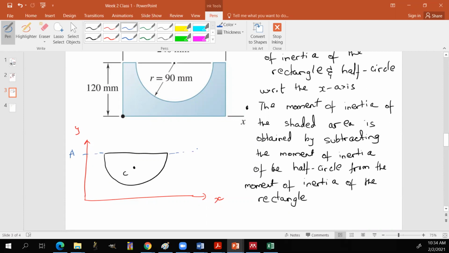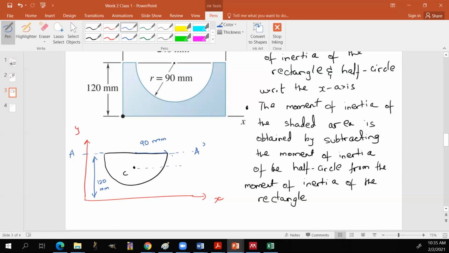Let's call it A A prime like that, right? This height of the base is just equal to 120 millimeters, right? And then the radius for the semicircle is how much? Is 90 millimeters, right?